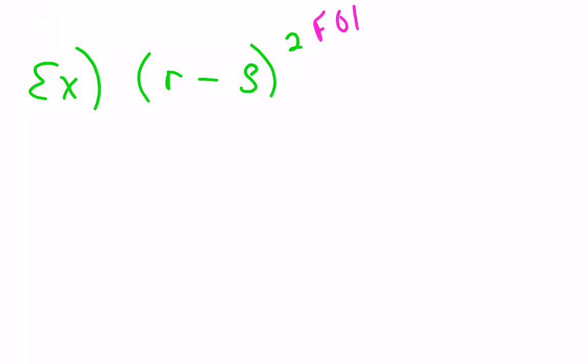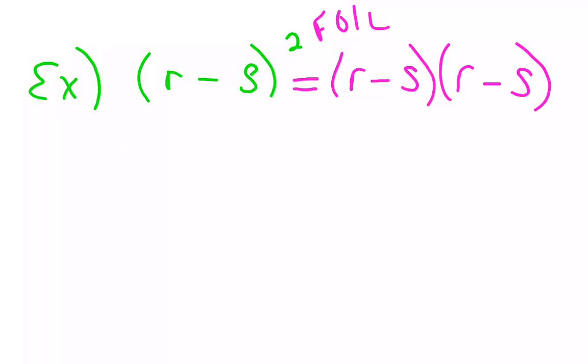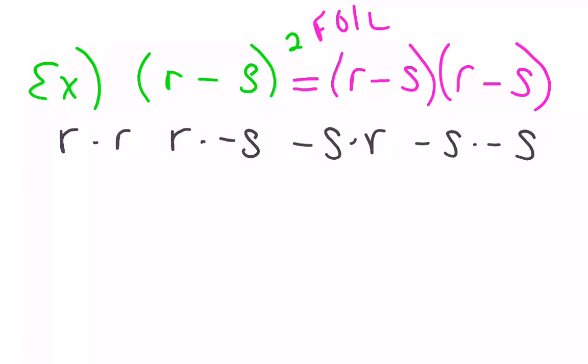So we have to see this and say, okay, that means FOIL, because that is really R minus S times R minus S. So now in our foiling, we have R times R. Our outer is R times a negative S. Our inner, a negative S times R. And our last is negative S times a negative S.